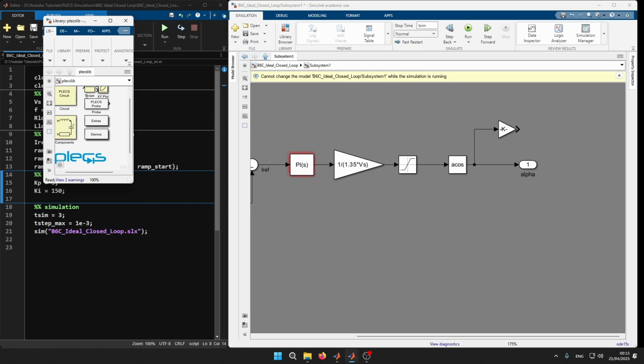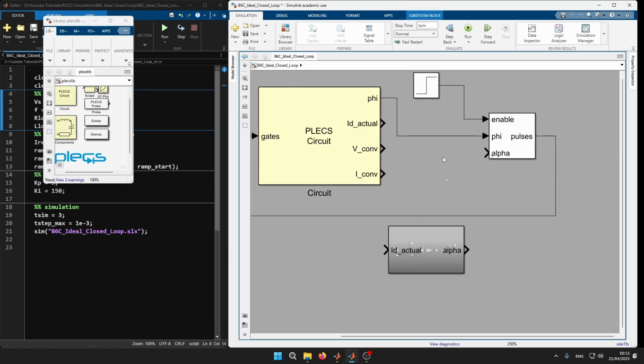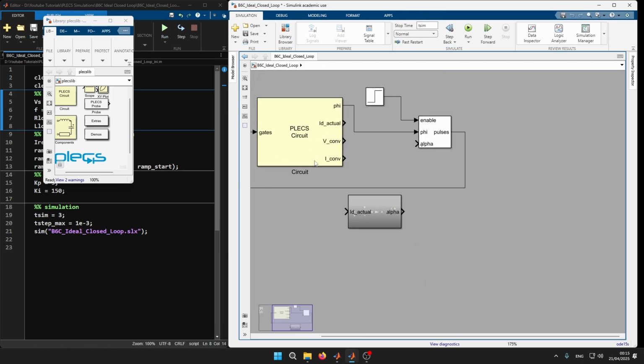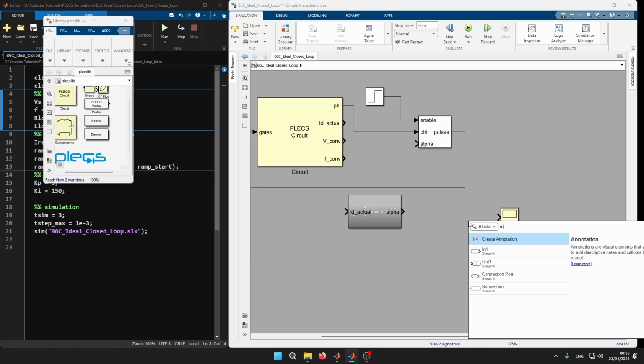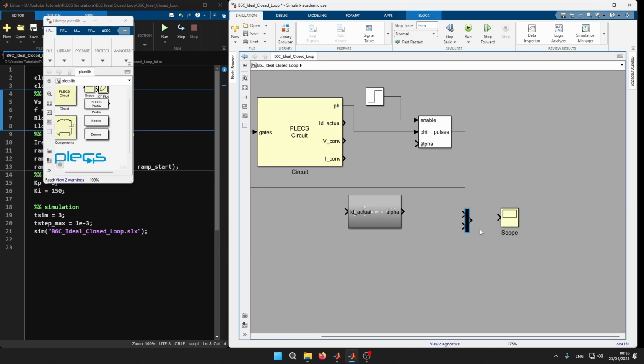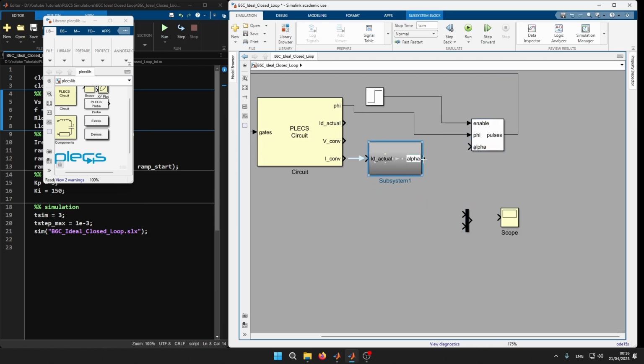and we need a scope. Okay, let's get out of it. I'll take another scope. We need a multiplexer. So this is alpha. This alpha would then be connected to the converter block here. I need the actual value of the current as shown.